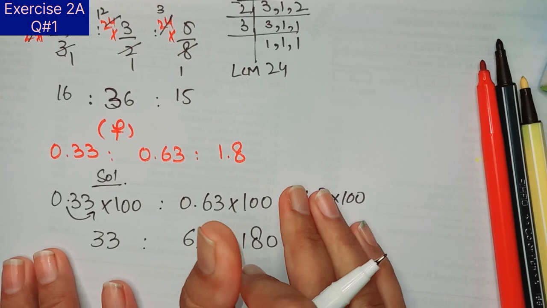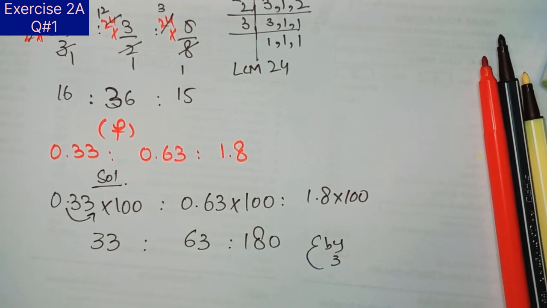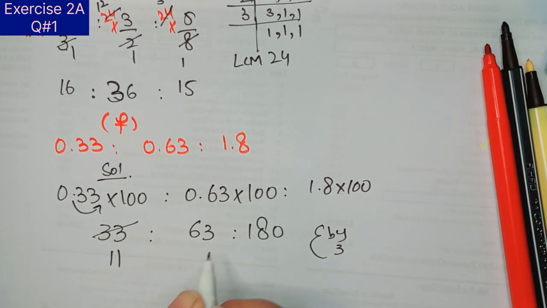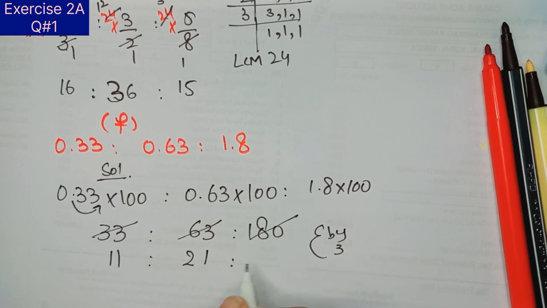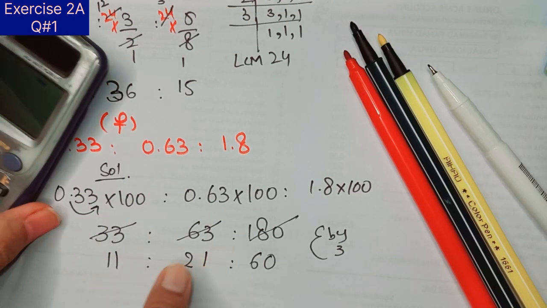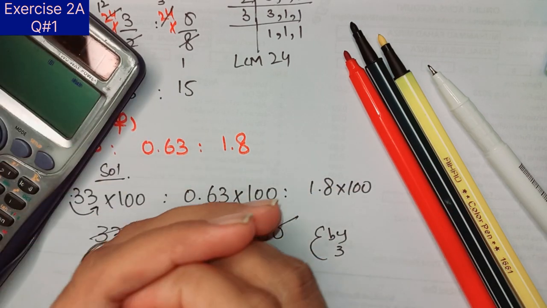I have checked by divisibility rule कि अगर sum of digits का 3 से divisible है, it means ये number जो है वो 3 से divisible है. So this is our simplified form: 11, 21 and 60.